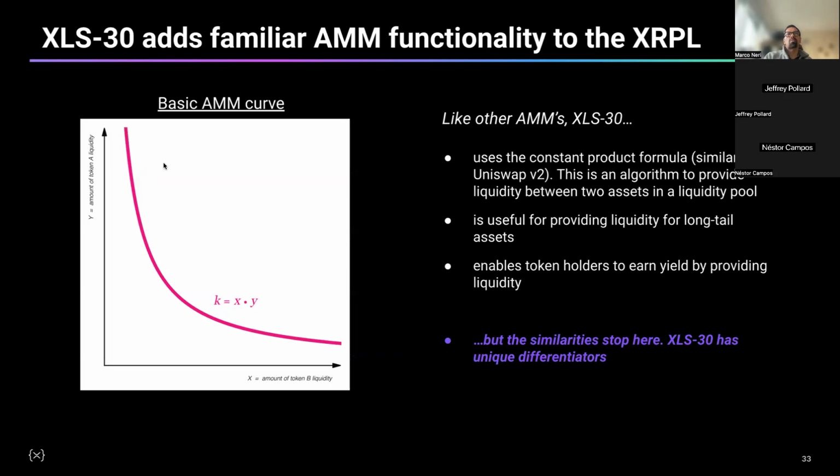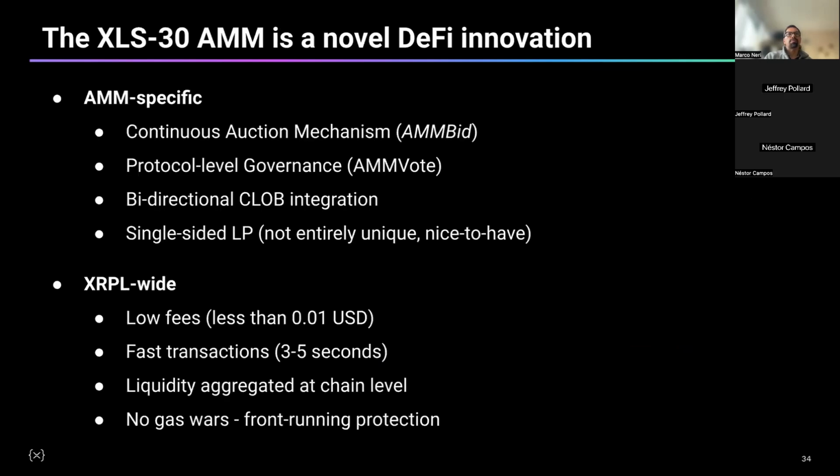The idea is to provide liquidity for these types of assets that normally are not well served in a normal DEX, and for token holders to earn yield by providing liquidity and collecting the fee that we mentioned.